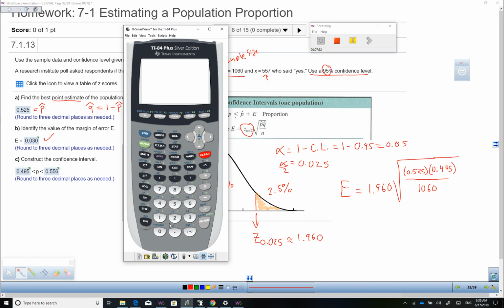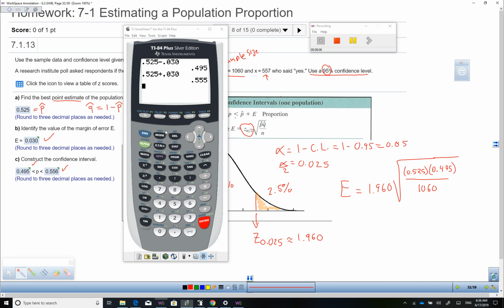I'll do p hat, which is 0.525 minus the margin of error, which is 0.030, and that is the lower limit, and 0.525, which is p hat, plus 0.030, that is the upper limit, that is right here.